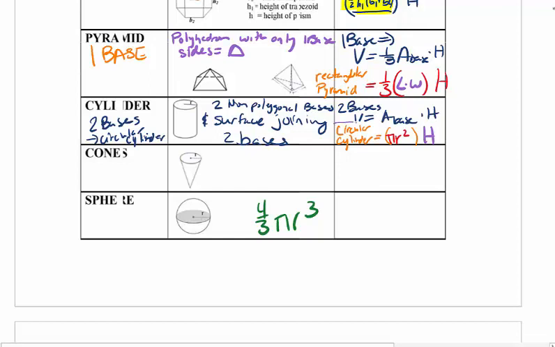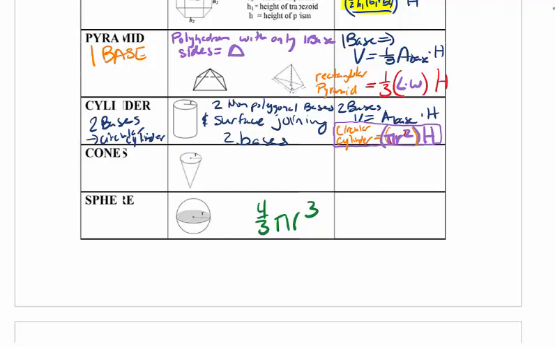So this is my circular cylinder, which is the only one we'll deal with in this class. It's pi r squared times h. The pi r squared just comes from that circle being the base.